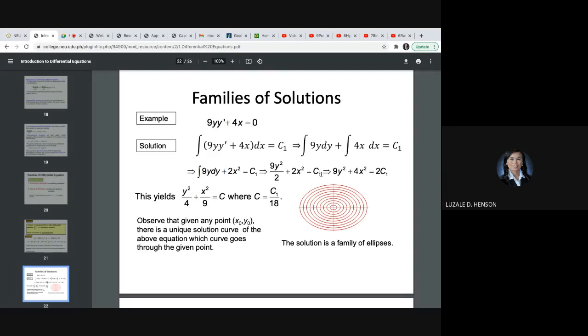And then equated to c sub 1. Now, nag-integrate ka dito, so dapat sana meron ka ditong plus C. Yung C and then another C, tatawagin mo rin yung C.